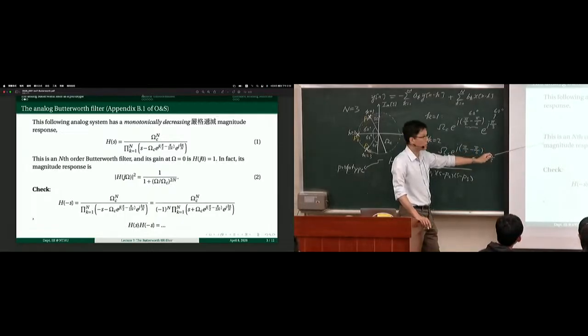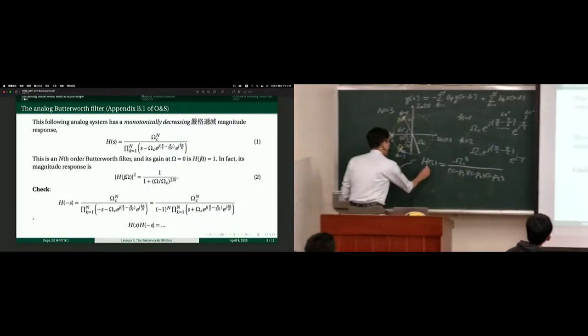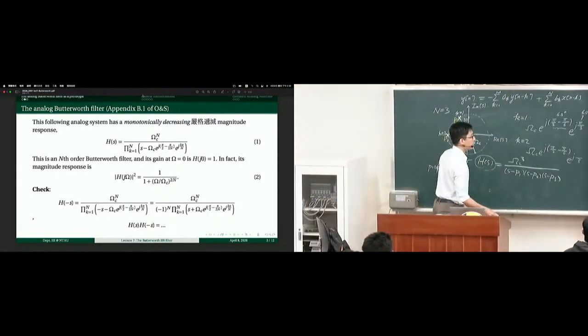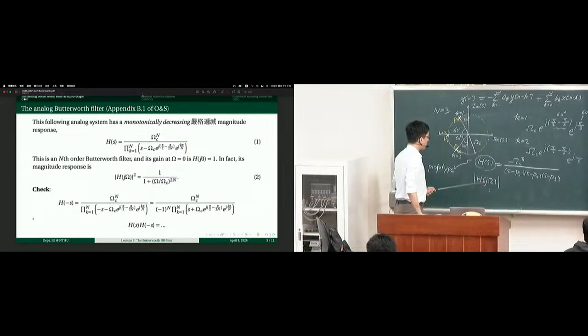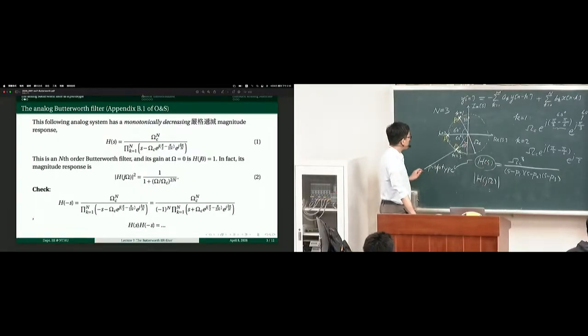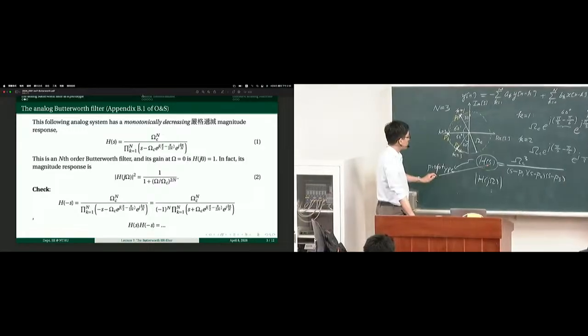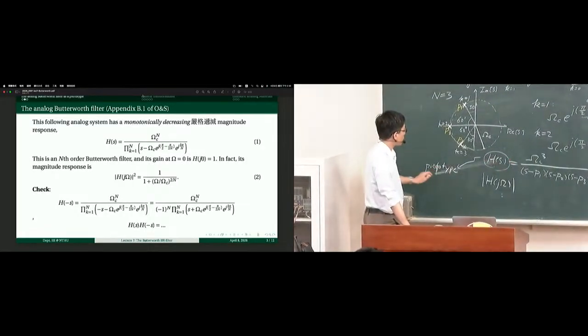Surprisingly, if this is H(s), and we evaluate the magnitude response, that means substituting s equal to j big omega, evaluating this system function on the imaginary axis. S now equals j omega.